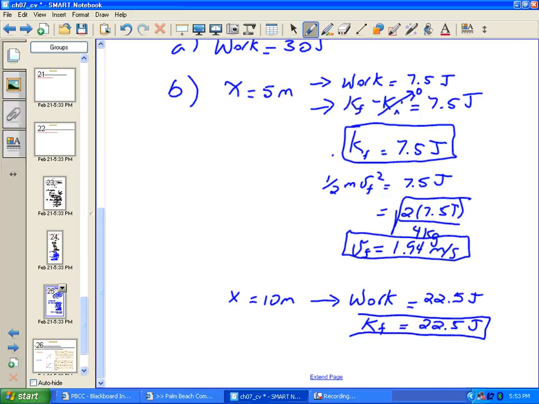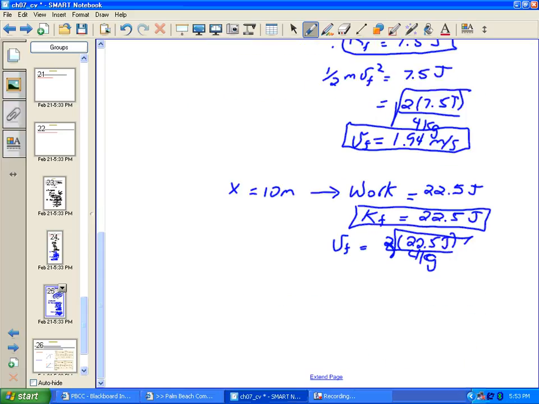And we proceed to solve for V final: 2 times 22.5 joules divided by 4 kilograms. That gives us a speed of 3.35 meters per second. And so that is the final speed of the particle when it reaches x equals 10 meters.